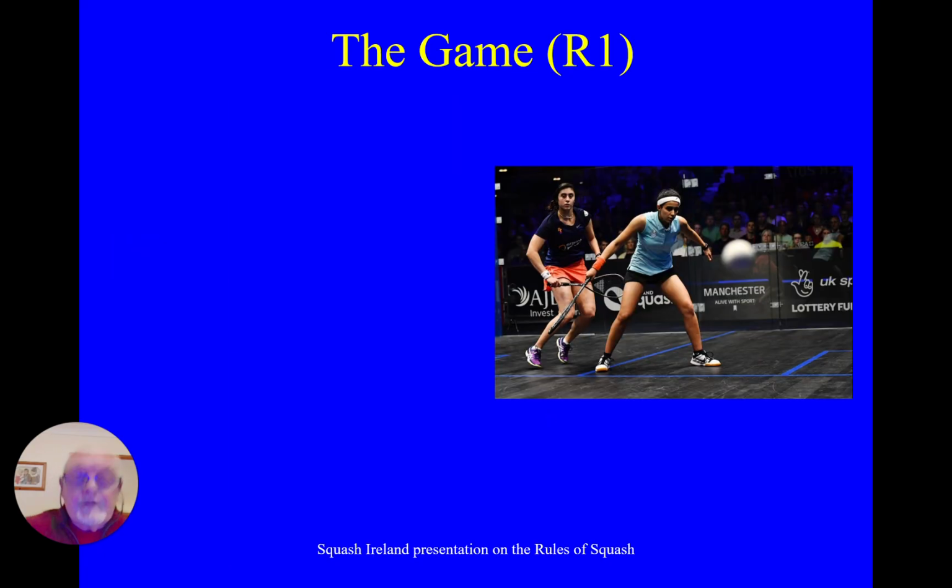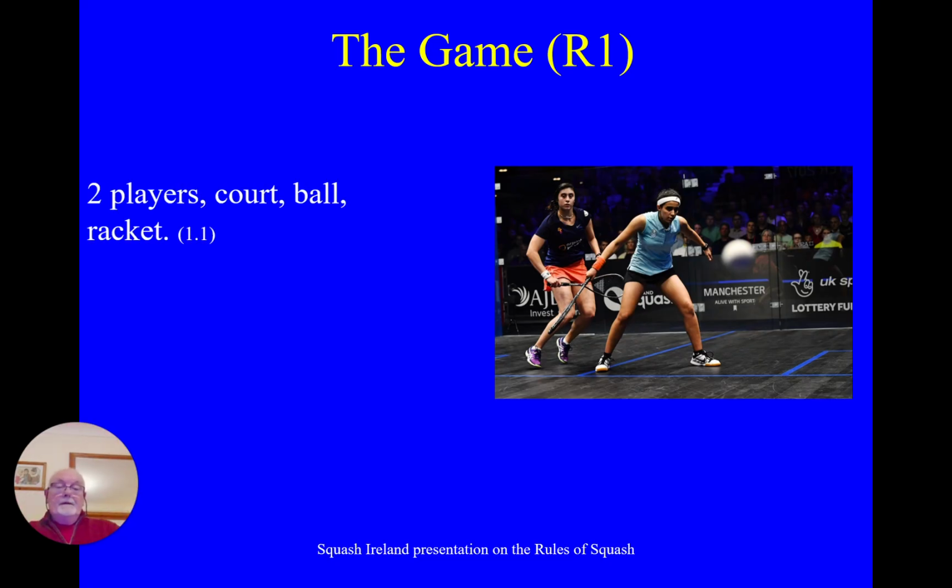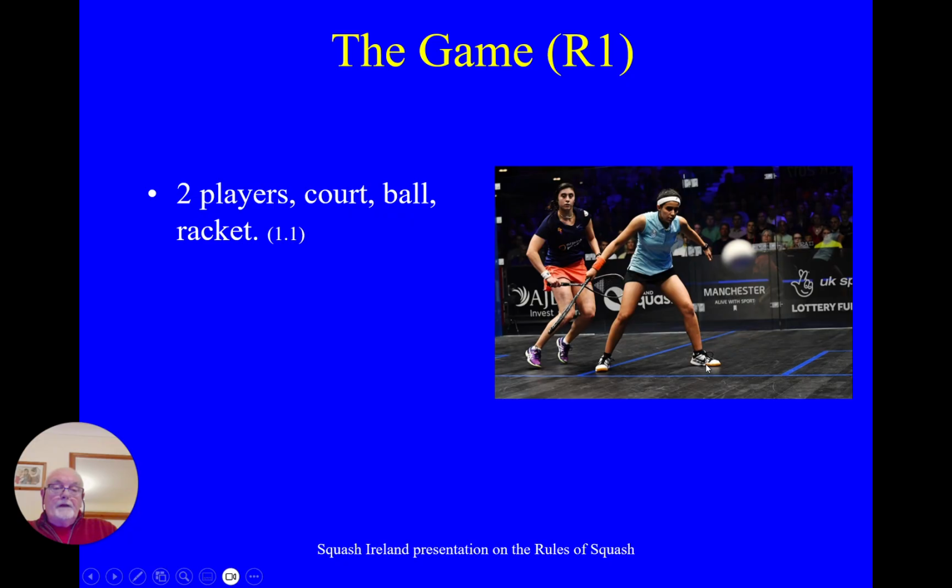Rule 1 introduces us to the game and says that the single squash game is between 2 players, each on a court, striking a ball with their racket. And the court, the ball and the racket are all subject to the technical specifications that are described in Appendix 5.